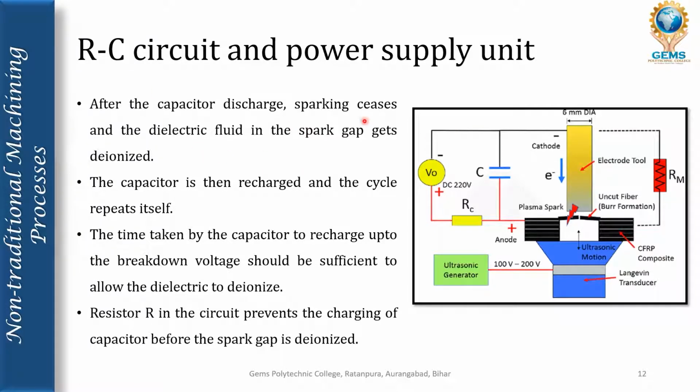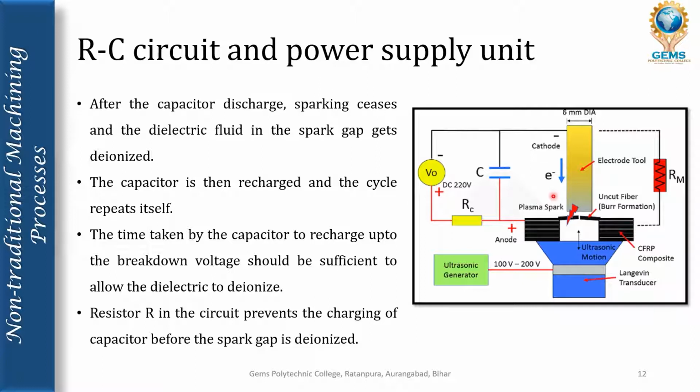After the capacitor discharge, sparking ceases. Capacitor discharge means the voltage is completely discharged, completely finished. Ceases means stops. The sparking will stop, and the dielectric fluid in the spark gap gets deionized.